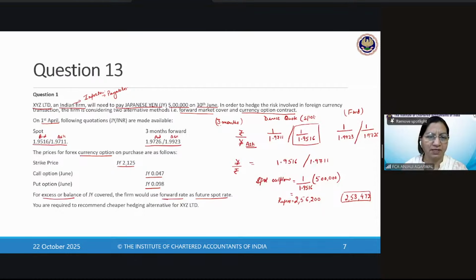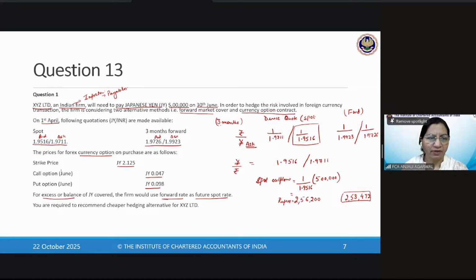How much Japanese yen? 2.125 you have to pay for 1 rupee. Call option on Japanese yen has a premium of 0.047. Put option on Japanese yen has a premium of 0.098 Japanese yen. Okay.